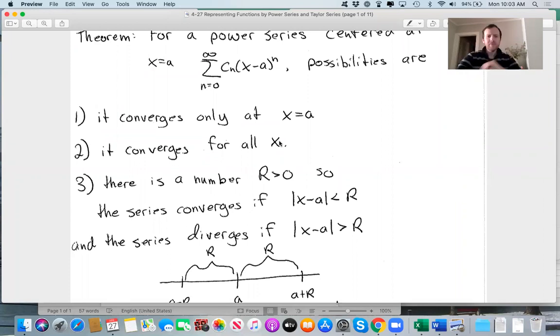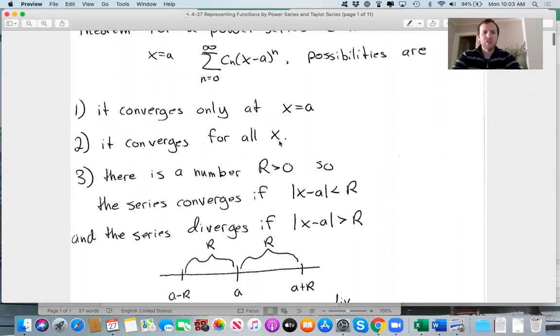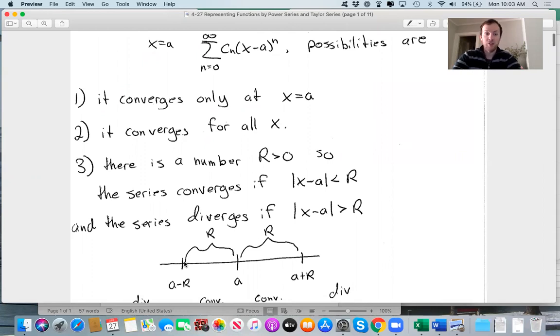And the third option is that there's some interval on which it converges. And so this is described as having a number r called the radius of convergence. So if you take the center a, which is x minus a in the power series, if you go r in either direction, you're going to converge on that interval. If you go more than r away, so on the outsides, you're going to diverge.